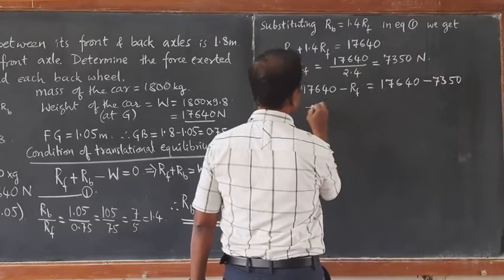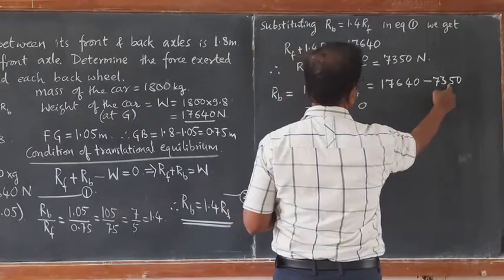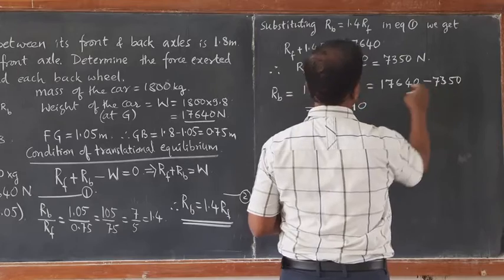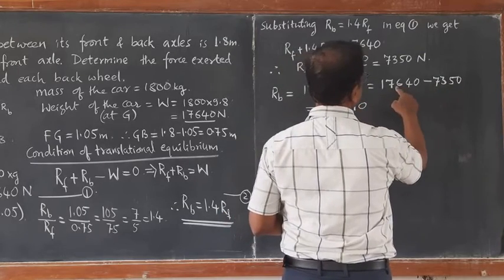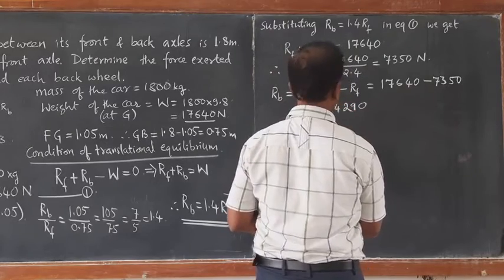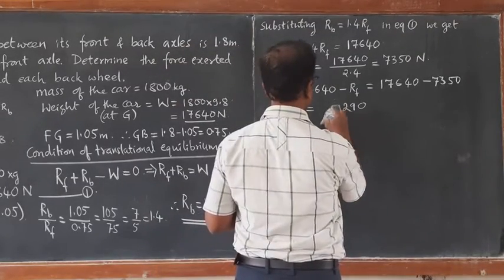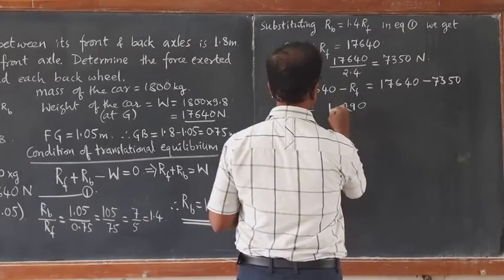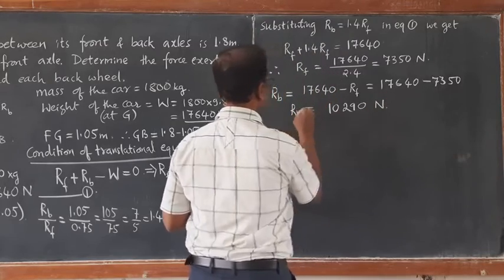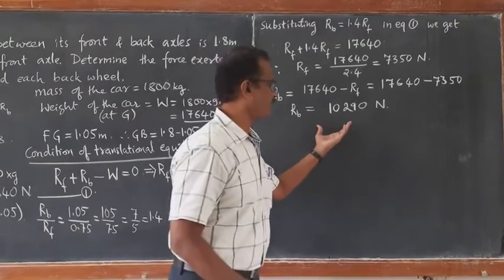If you simplify this, it comes out to be 10290 Newton. This is the total reaction force on the back wheels.